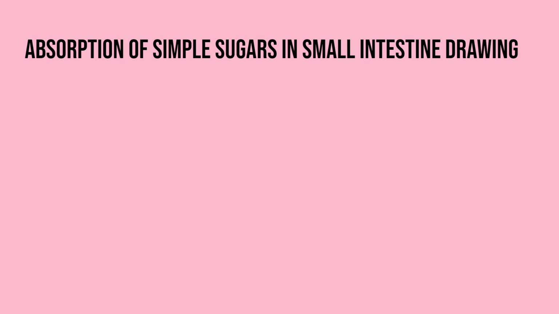Glucose and galactose both go through SGLT1 into the cell lining the small intestine through secondary active transport.